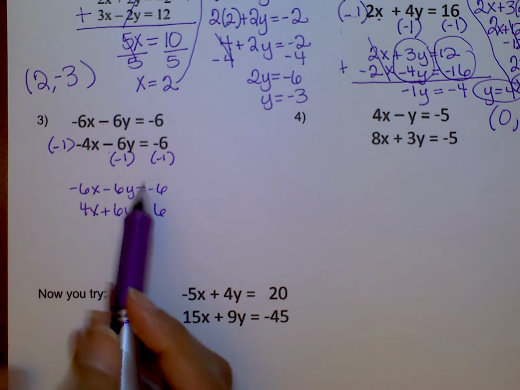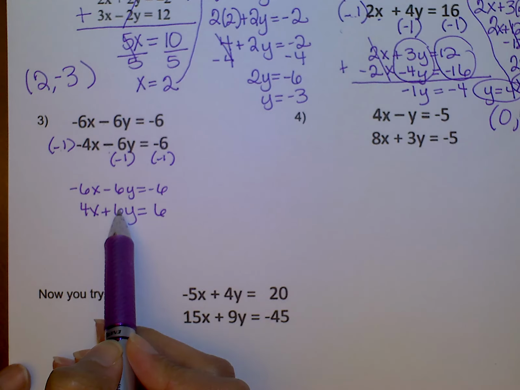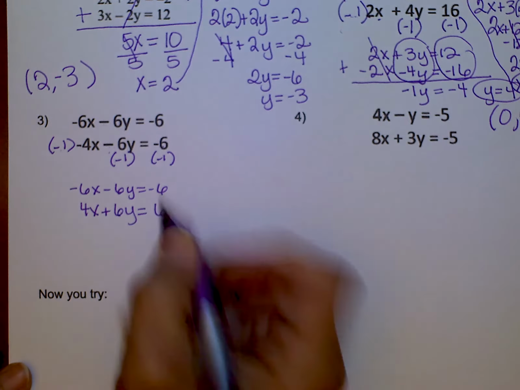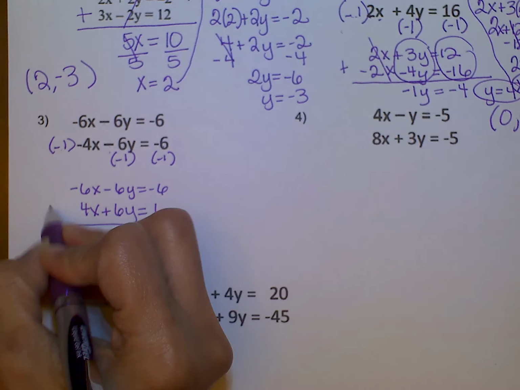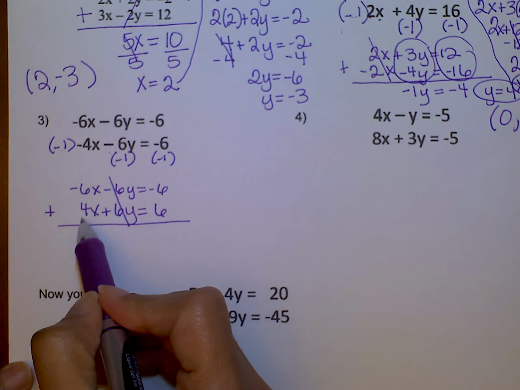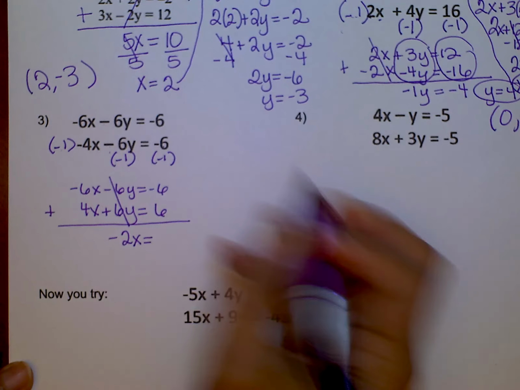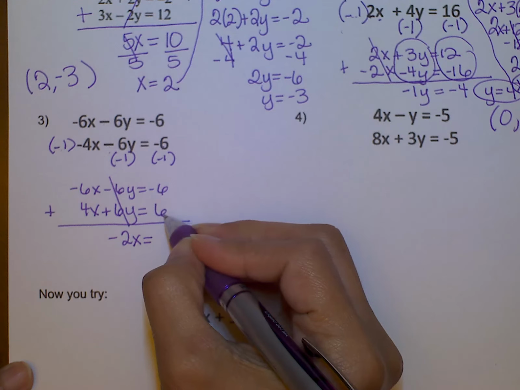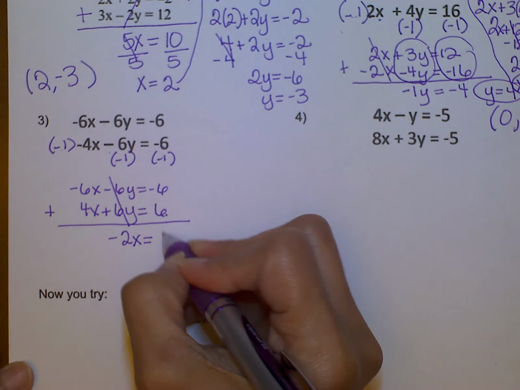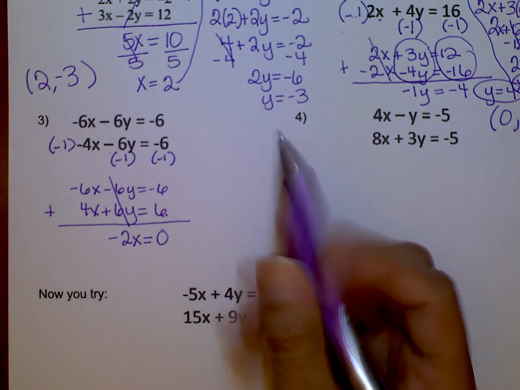Okay, so now that I have opposites here, I can actually go ahead and add, okay? That cancels out. So negative 6x and 4x give you negative 2x. Negative 6 plus 6, that's actually going to give you a 0. They're opposite. Those are 0 pairs too.